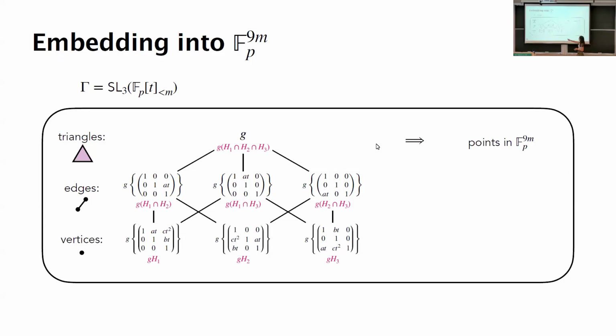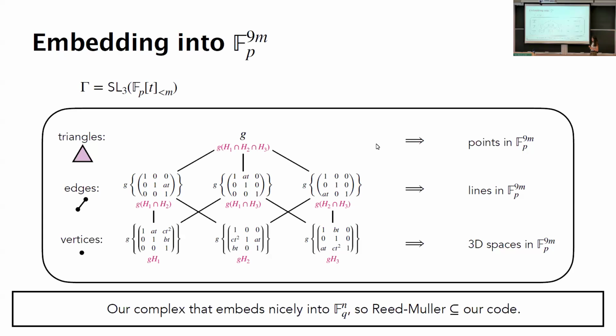If you look at edges, this is some matrix times a term, a linear sort of space, so there will be lines in F_p. And the vertices are going to be these 3D spaces in the Cartesian space. Let me just say that this complex embeds nicely into the Cartesian space, so we can show Reed-Muller is contained in our code. Okay, that's it.